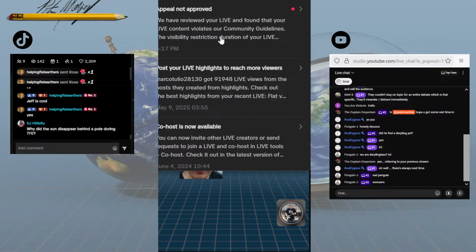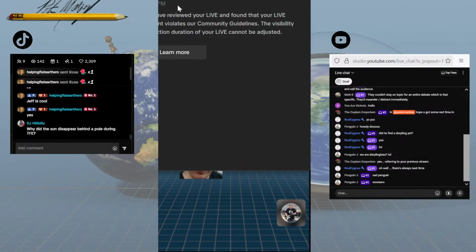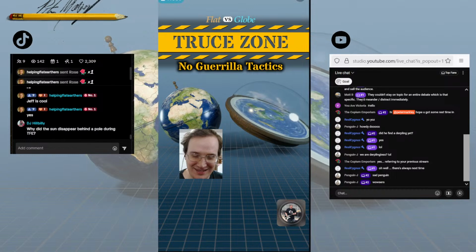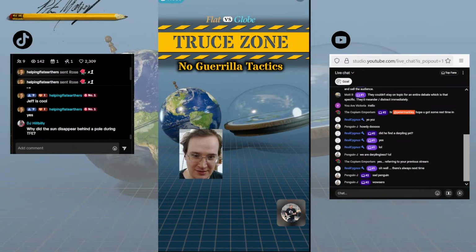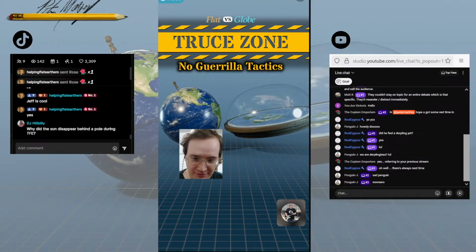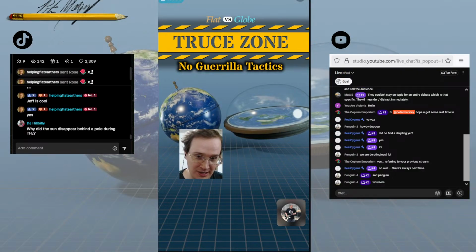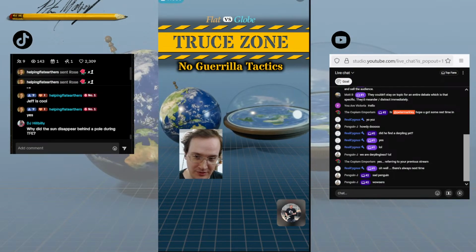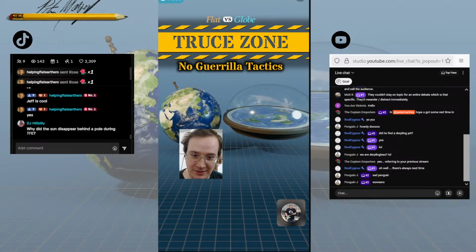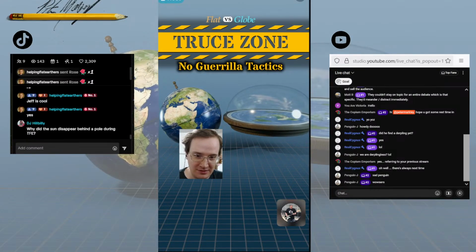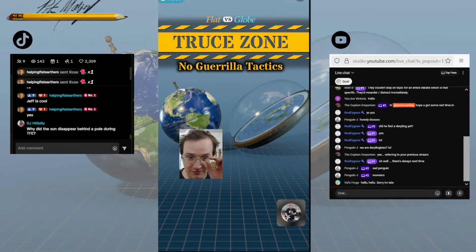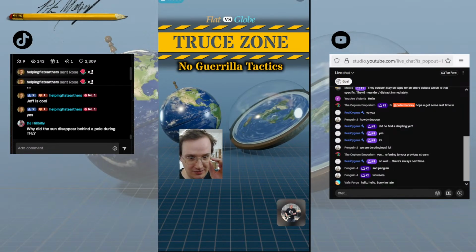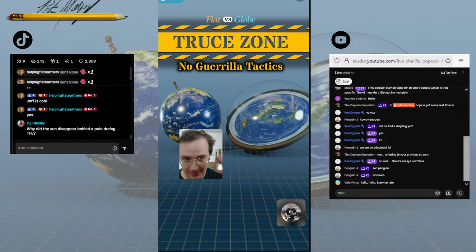Why did the sun disappear behind a pole during TFE? Because it was tired. Oh, was this not a joke? Okay, so DJ Hillbilly, the sun is only half of 1 degree in angular size for an observer on the Earth, which means if you have a wide-angle lens like they had in Antarctica for TFE, the sun is going to appear very, very tiny in actual angular size.